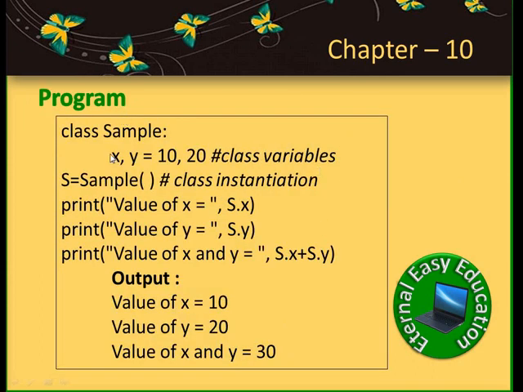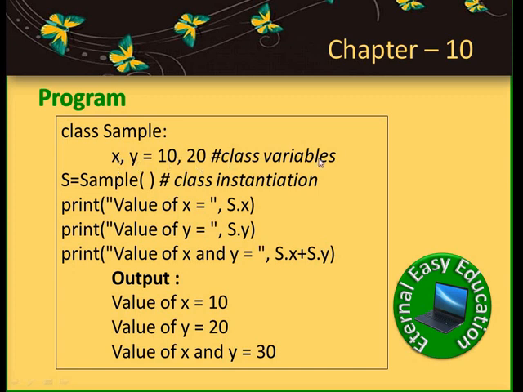See this example. Class is a keyword. Sample is a class name given by the user. x, y equal to 10, 20. So here x is assigned the value 10 and y is assigned the value 20.